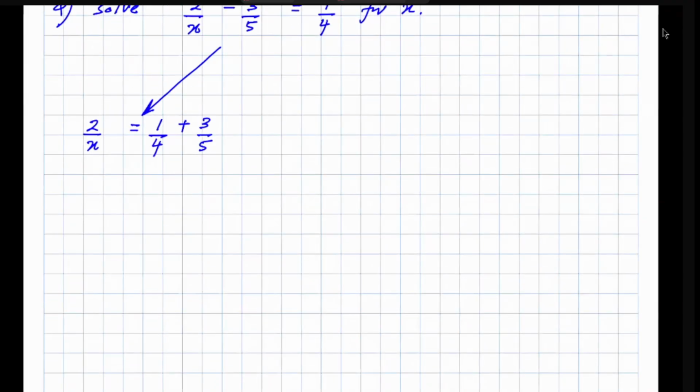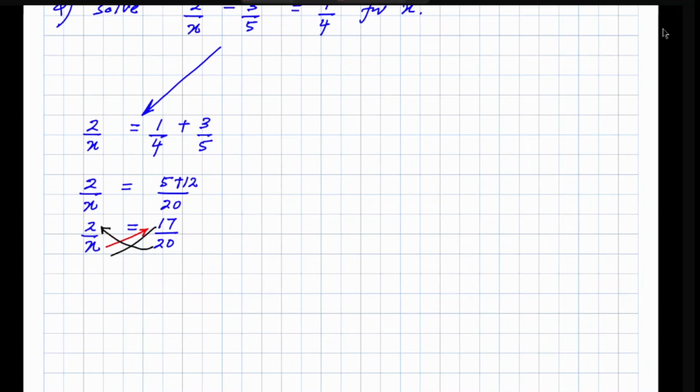Then I'm going to take the common denominator. That's going to be 20. So this is going to be 5 plus 12. So you get 17 divided by 20, equal to 2 divided by x. Now if you want to find x, what you can do is this. Look, I'm going to cross multiply here, because I need to isolate x, right? Next what I'm going to do is, I'm going to bring this guy here up, I'm going to bring this guy here down.